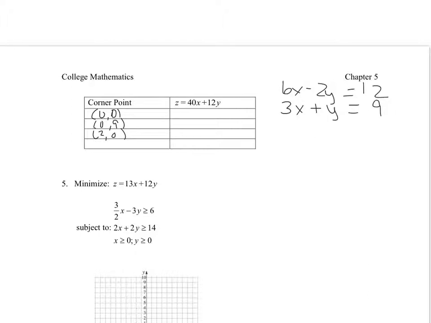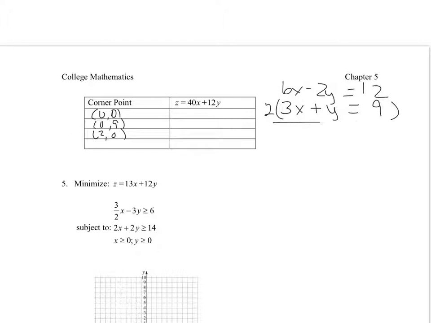Now, a couple of options on how to find this. I think if I multiply the second equation by 2, that's probably my simplest way to use elimination and find where this intersection point is. You could actually also use substitution if you wanted to rearrange the second equation and solve for y.